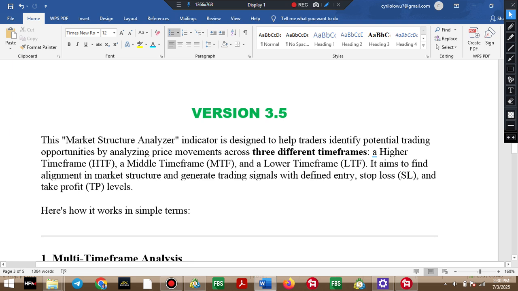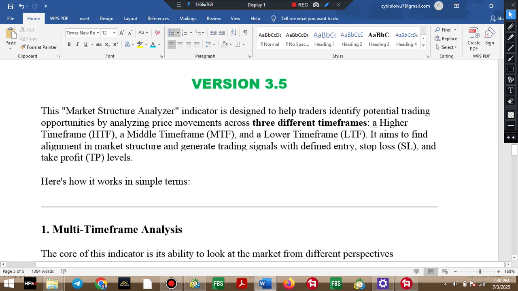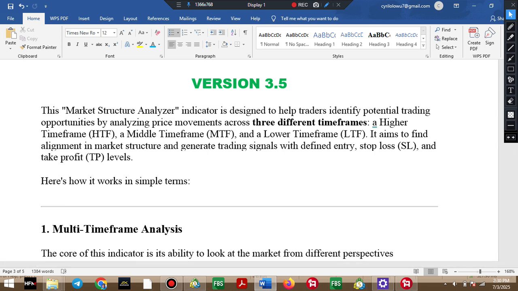This market structure analyzer indicator is designed to help traders identify potential trading opportunities by analyzing price movement across 3 different time frames: a higher time frame, a middle time frame, and a lower time frame. It aims to find alignment in market structure and generate trading signals with defined entry, stop loss, and then take profit levels. So here is how it works.